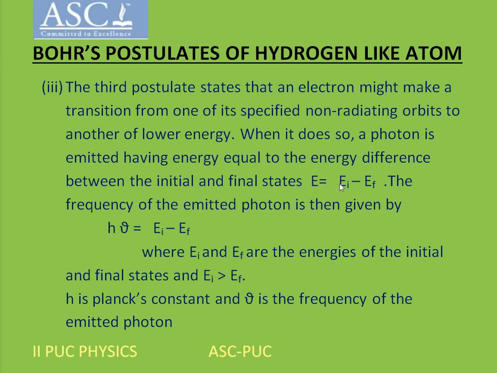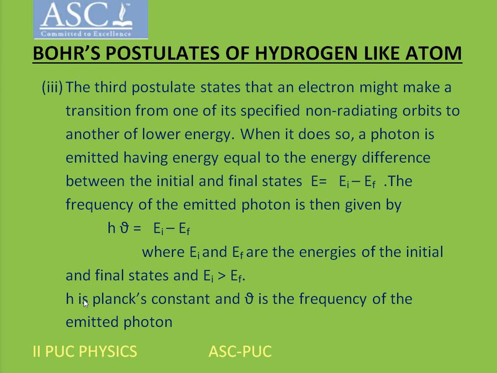That is, E is equal to EI minus EF. The frequency of the emitted photon is given by the equation h nu is equal to EI minus EF, where EI and EF are the energies of the initial and final states, and EI is greater than EF. h is Planck's constant and nu is the frequency of the emitted photon.